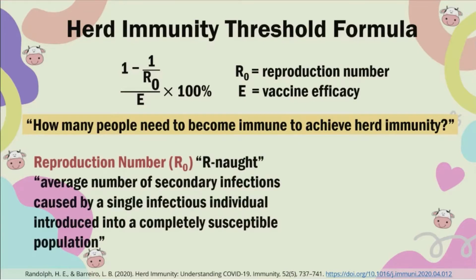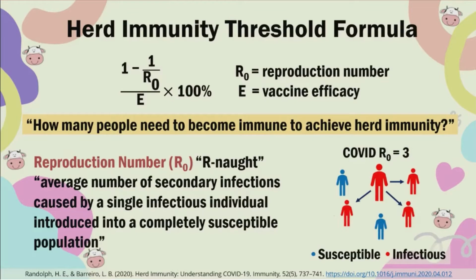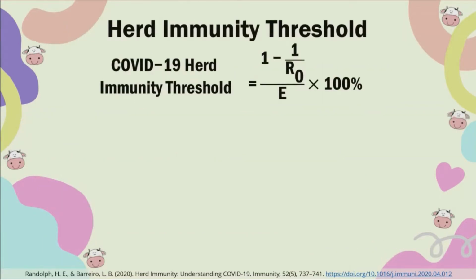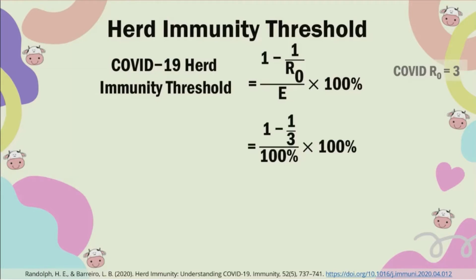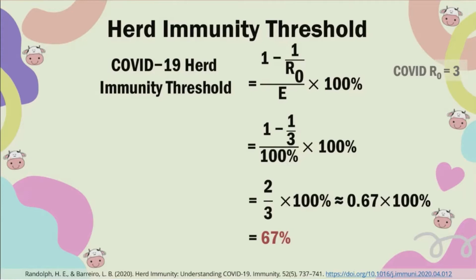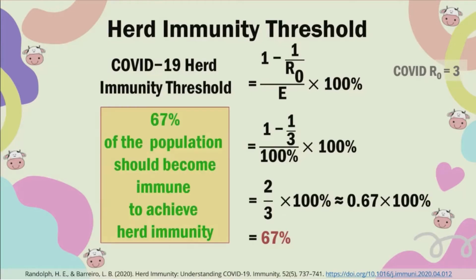The reproduction number of COVID, pronounced R-naught, or the number of people that one infected person can infect, was found in studies to be around 3. 1 minus 1 over 3, all over 100% vaccine efficacy, or 1, is equal to about 67%. This means about 67% of the population needs to be vaccinated to achieve herd immunity.